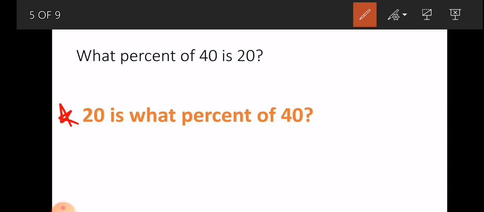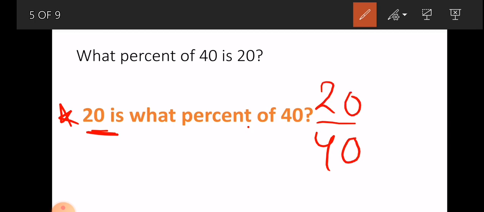You can have the question another way. I can ask you, 20 is what percent of 40? Again, once I tell you "of 40," it means your total is 40. 20 is what percent of it? It means 20 from the 40 equals how many percent of the 100?